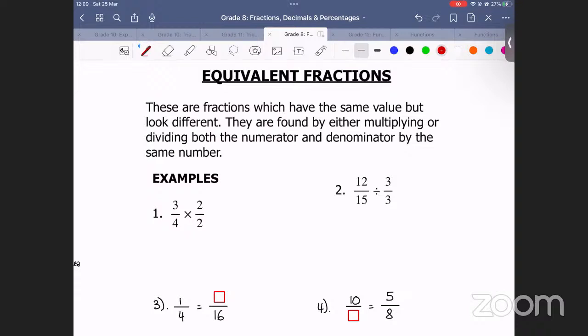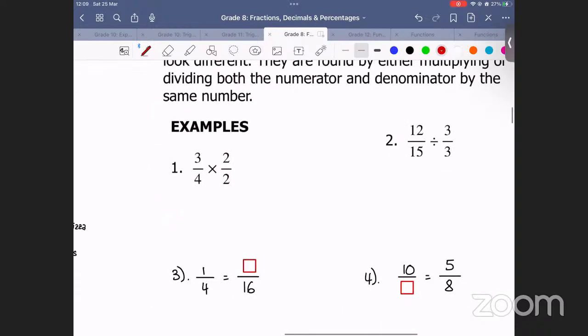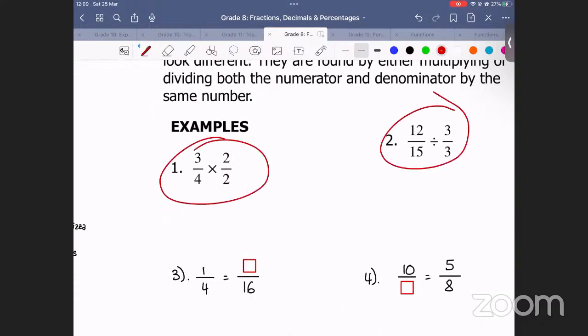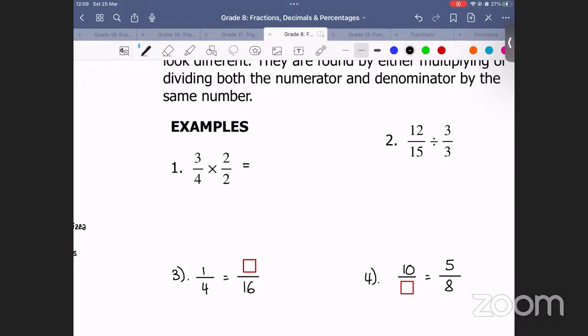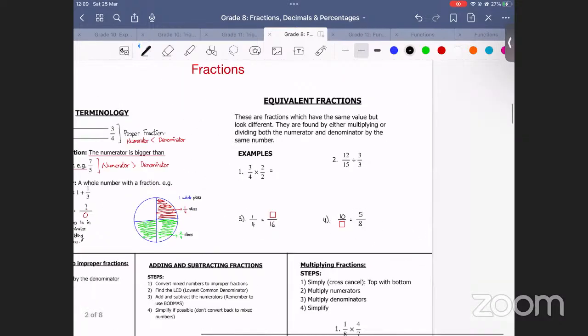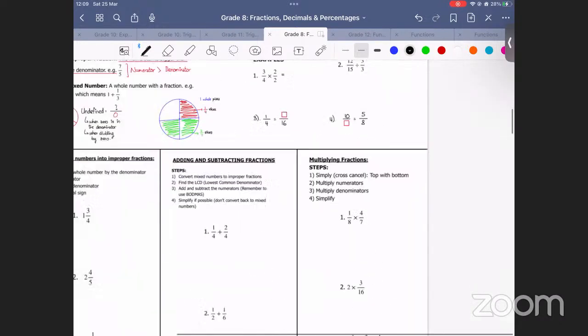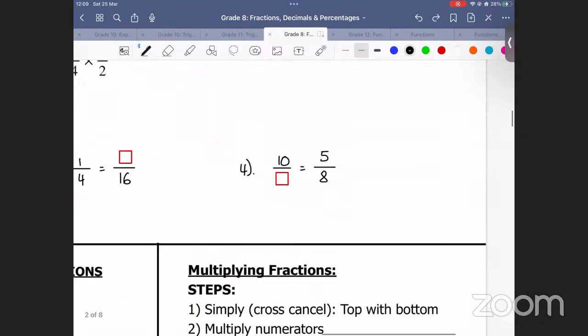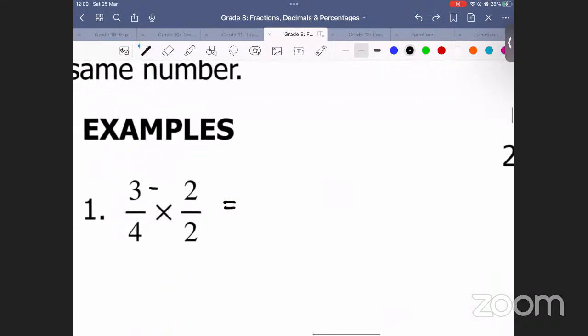So let's look at this example where we divide by the same number and we multiply by the same number. In the first one we multiply by the same number. So how do you multiply fractions? I don't know if we're still getting there, but I'll just tell you now. You multiply fractions basically in a straight line, meaning numerator by numerator, denominator by denominator.